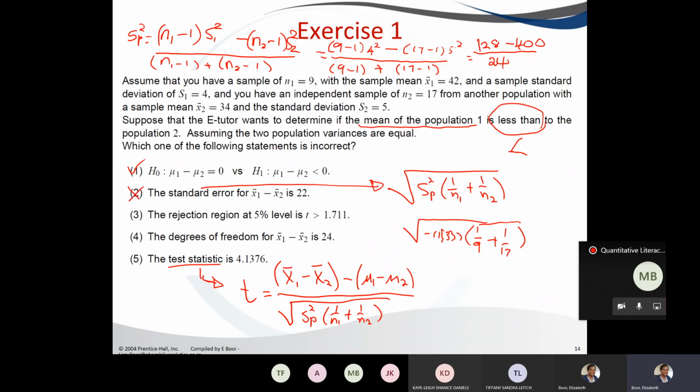It says the standard error for this one is 22, which is not.